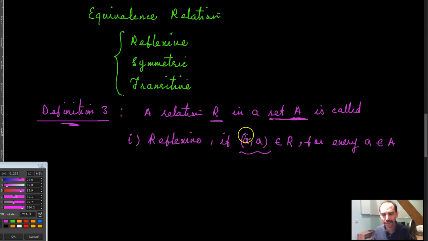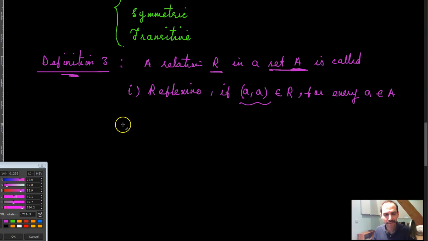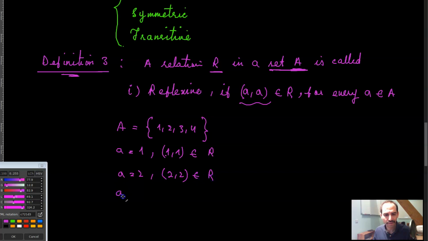Meaning that, for example, if the set A is {1, 2, 3, 4}, then for a equal to 1, (1, 1) has to belong to R. For a equal to 2, (2, 2) has to belong to R. For a equal to 3, (3, 3) has to belong to R. For a equal to 4, (4, 4) has to belong to R, and so on and so forth.